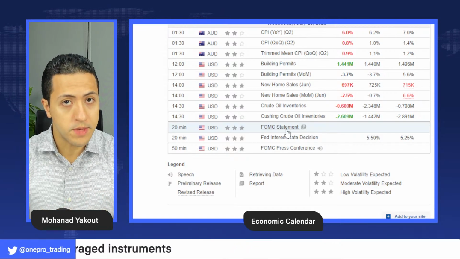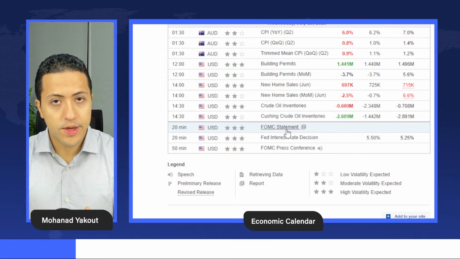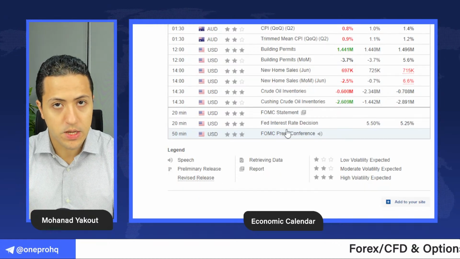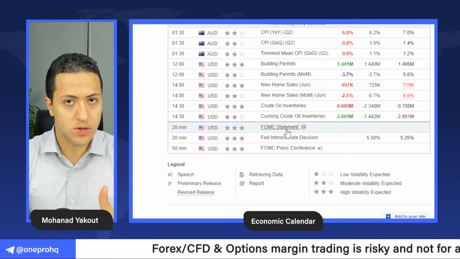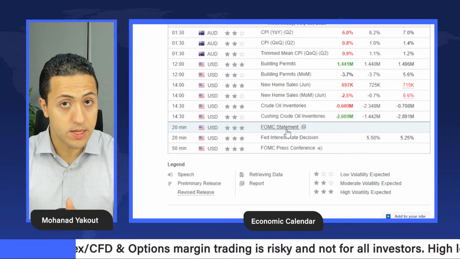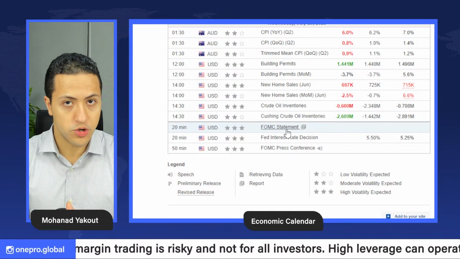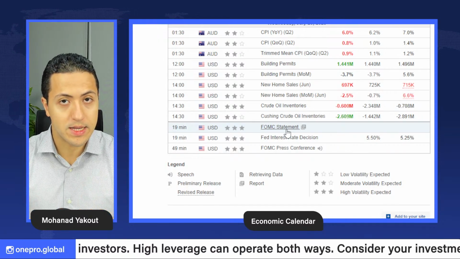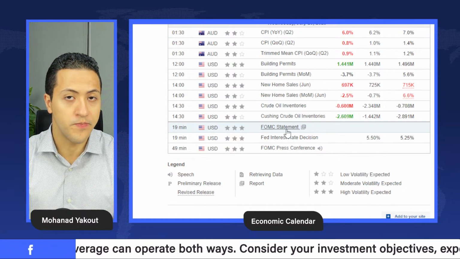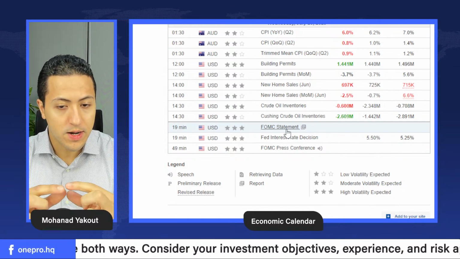When they meet, at each meeting, they release a statement with their decision and what the catalysts or incentives were for this decision. Let's say we have raised interest rates, why? We have decided to keep interest rates as they are, why?